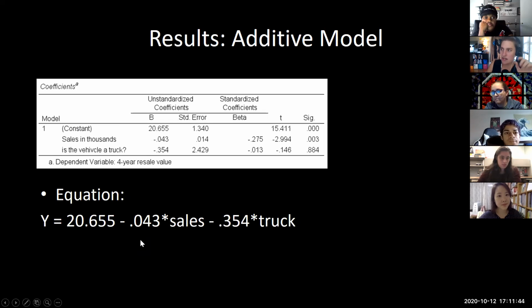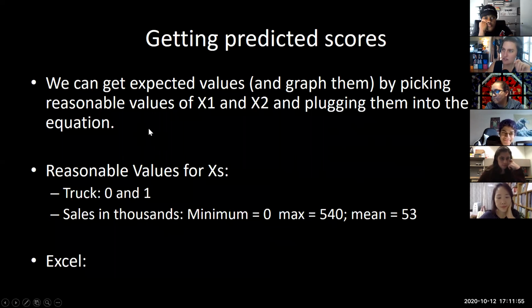The next thing I have in here is we can actually take these and harvest them and make a graph in Excel. We can do that using reasonable values of x1 and x2, and we can plug them into the equation.